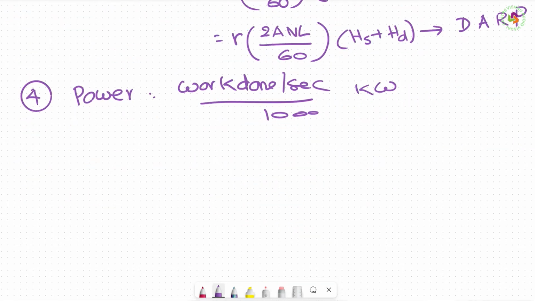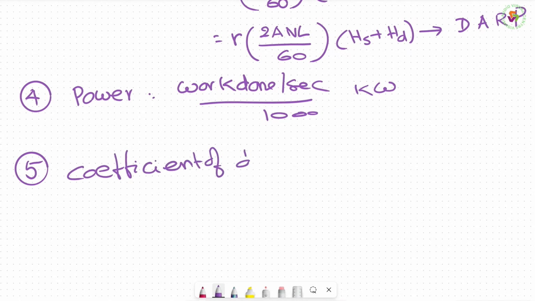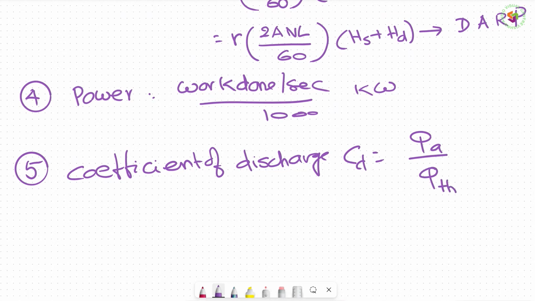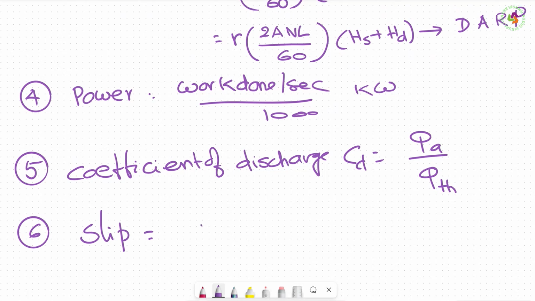So this is over. Then next one is, what is coefficient of discharge? CD is equal to actual discharge divided by theoretical discharge. Then slip is equal to theoretical discharge minus actual discharge.